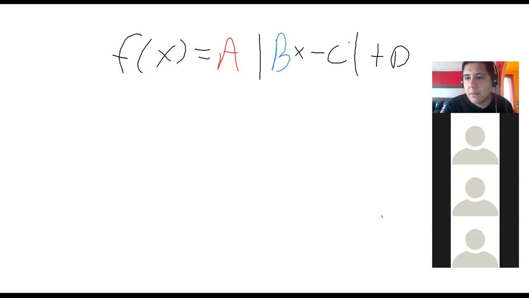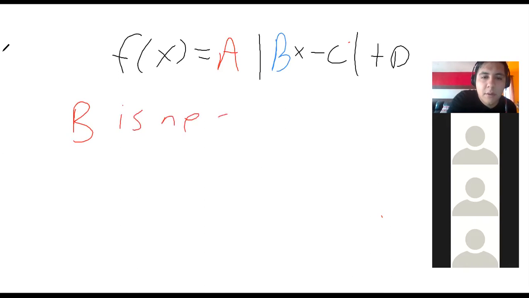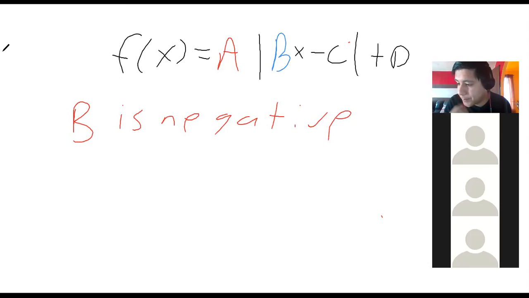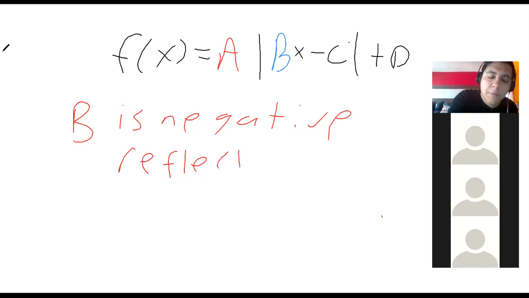So let's say B is negative. So we are going to have a reflection over Y, over the Y-axis, okay?